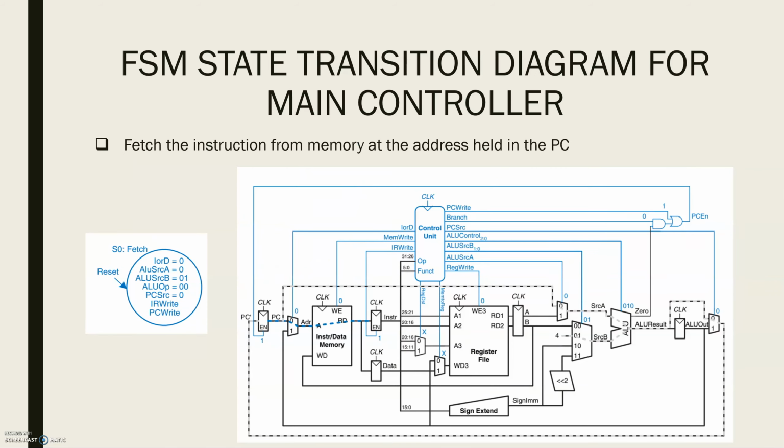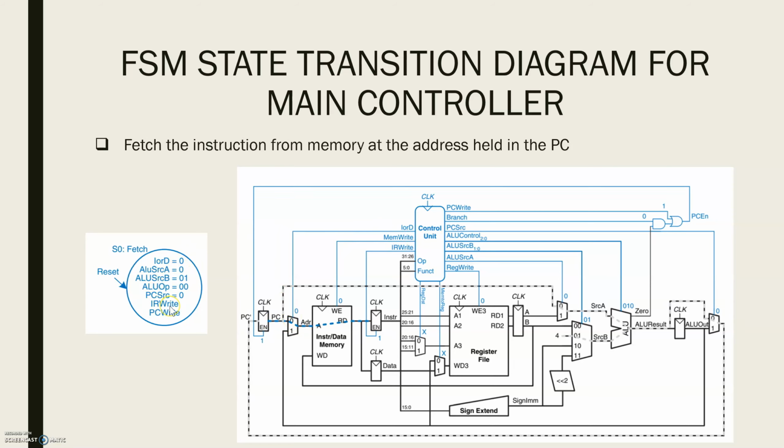So, the first step for any instruction will be fetching it from the memory at the address held in the program counter. The finite state machine enters this state on reset. To read the memory, the IORD signal value will be 0, so that the address is taken from the program counter.